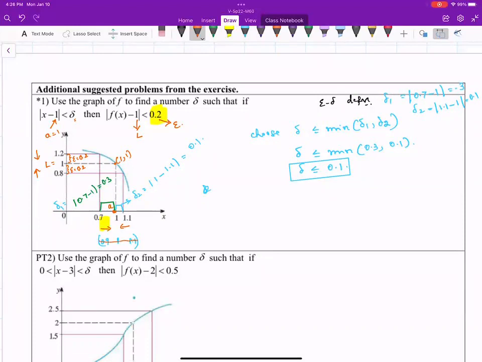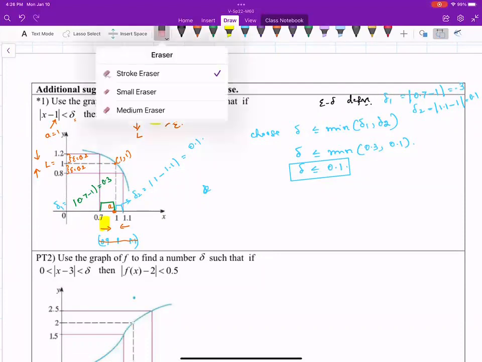Suppose you choose your neighborhood of 1 like this: on the right side 1.1, on the left side 0.9.